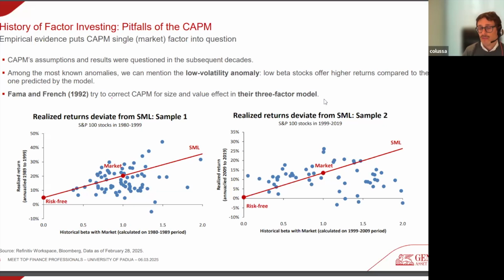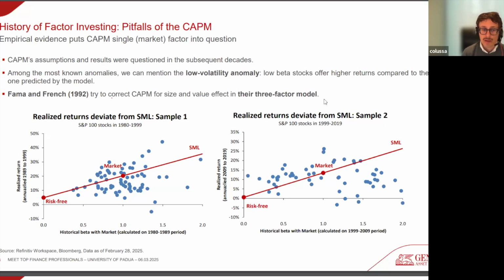Especially on the chart on the right, you see a number of dots that stand above the line and have a beta below 1. That's called the low volatility anomaly. So low beta stocks that offer higher return compared to the one predicted by the model.